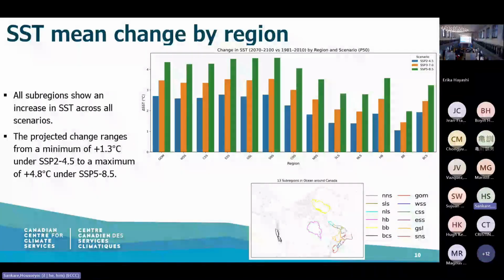Across all scenarios and subregions, SST is projected to increase with a magnitude of change directly linked to the emission scenario.